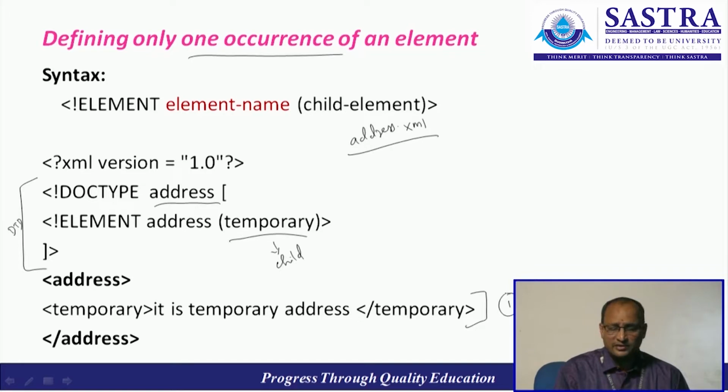How have I specified this? No symbol or operator is used. If we have not specified any operator, it means the particular child element should appear exactly only once, and we cannot skip the temporary element.